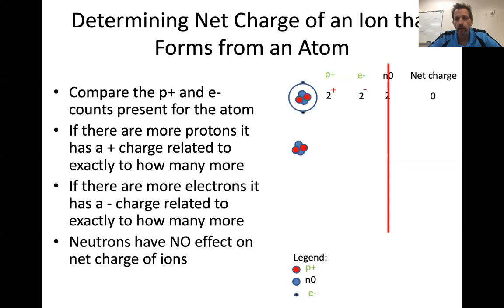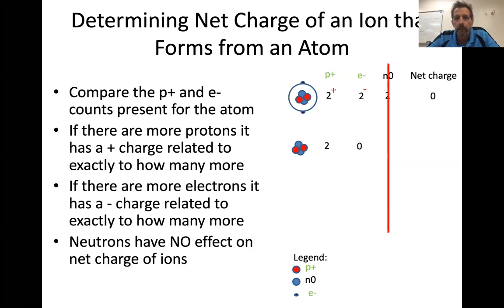Let's do it again for another model. Oh, look at this. We stripped away the electrons. So you can actually have an atom that doesn't have electrons, right? So it's no longer called an atom then. Now it's called an ion because it has a net charge. So we still have 2 protons, we still have a nucleus, but we have 0 electrons.